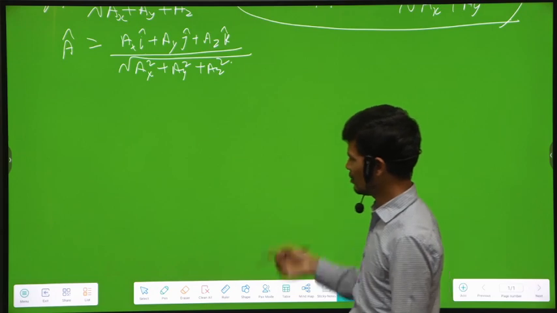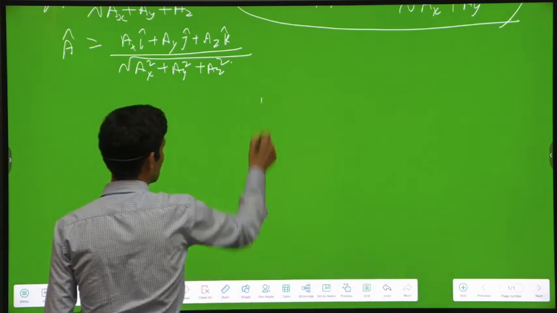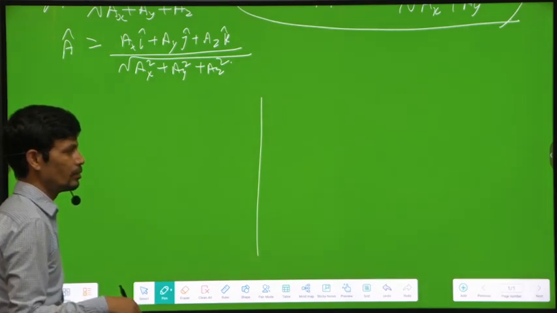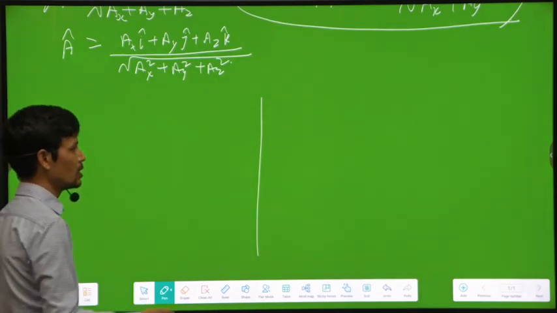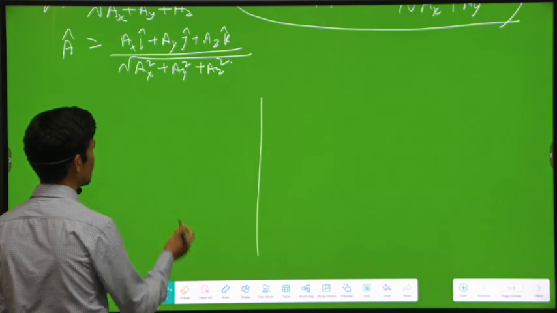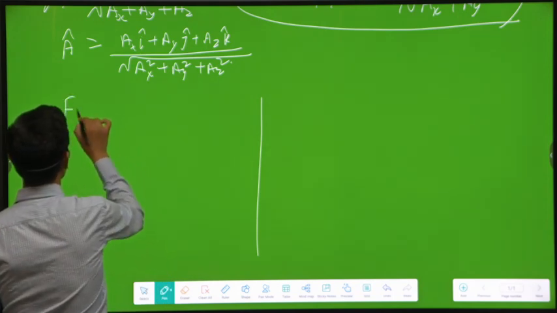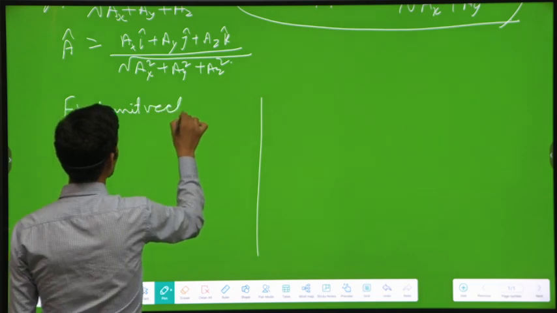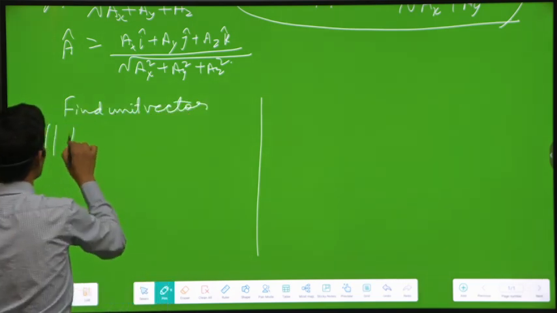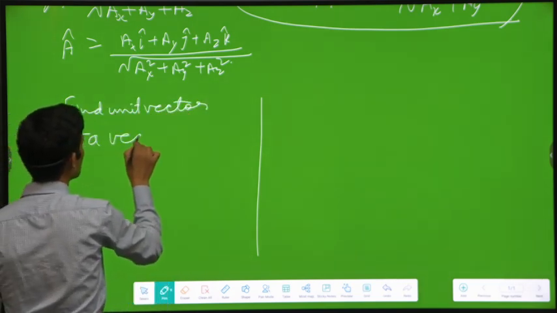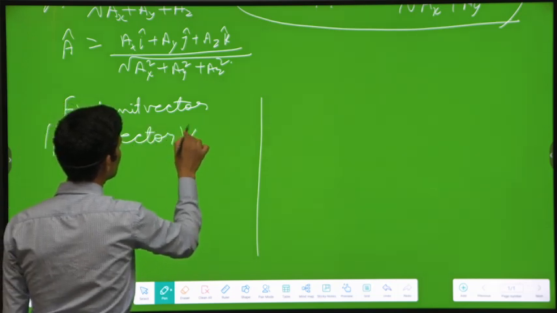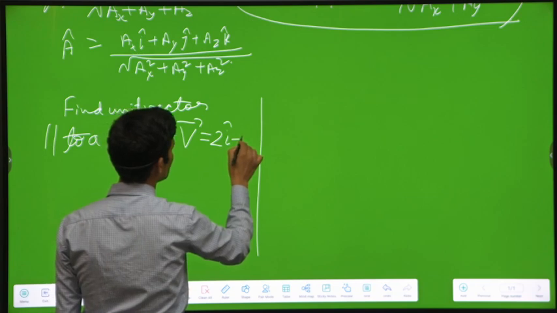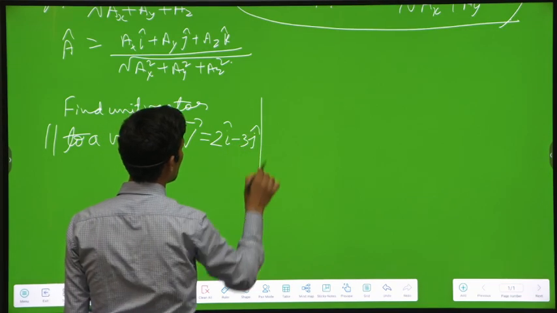So let me give you an example for this. There can be several types of questions, but two types are mainly asked in the exams. First is, find a unit vector parallel to a vector v equal to 2i cap minus 3j cap.